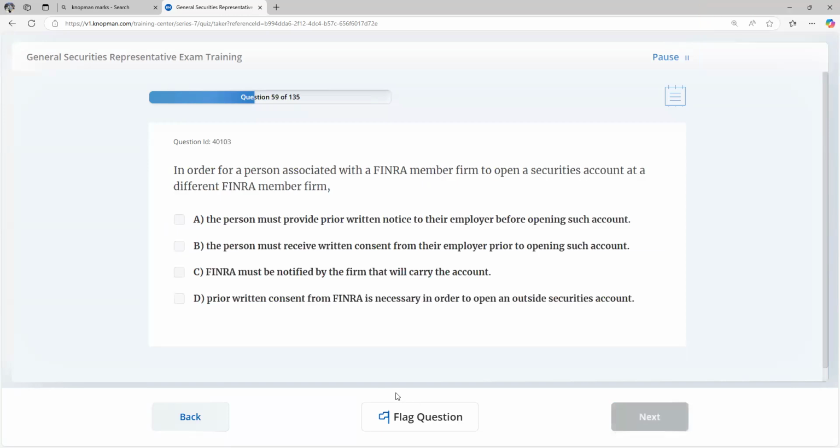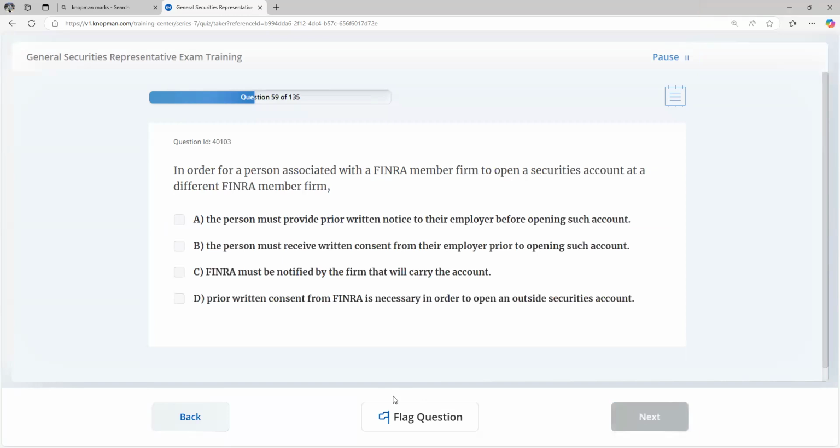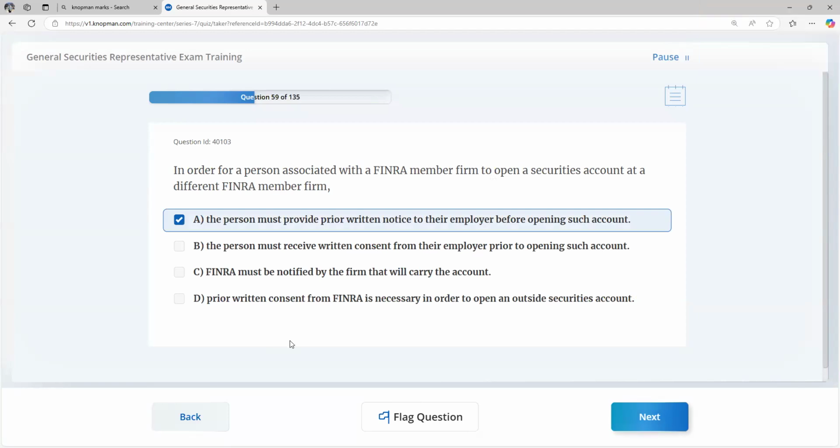In order for a person associated with a FINRA member firm to open a securities account at a different FINRA member firm, I know that they need to provide written notice. And then your firm either says that'll be okay or that won't be okay. I'm trying to think, because I'm pretty sure you might not need permission, or you just need to tell them and then open the new account.